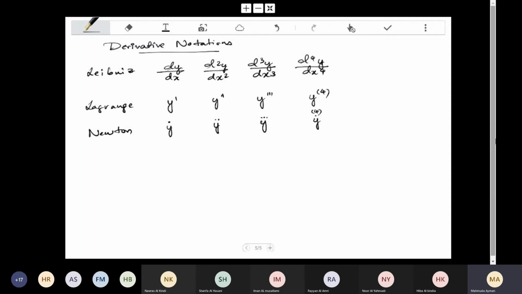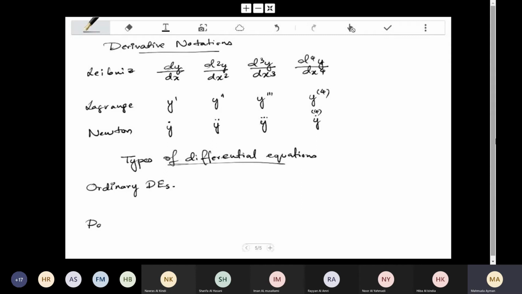And we also have two types of differential equations. There are two types: the ordinary differential equations and the partial differential equations.